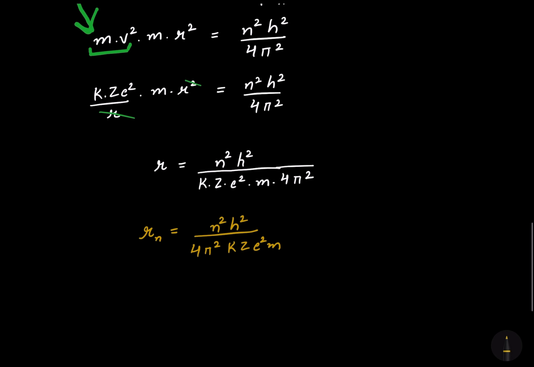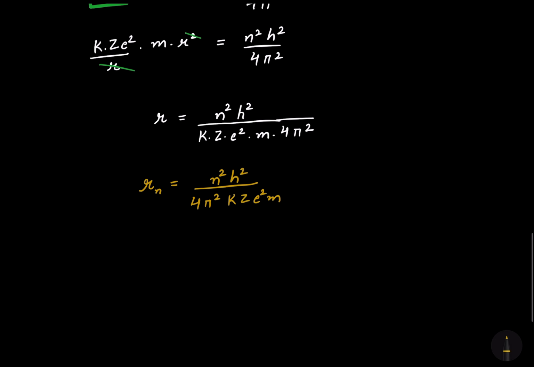Here I am writing the radius of the nth orbit by taking n square divided by z separately.